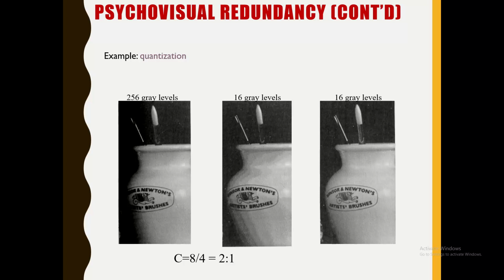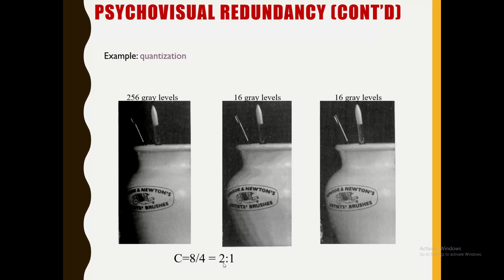For example, you can see in this figure that the image is represented by 8 bits, which gives 256 gray levels, while this image is represented by 4 bits, which gives 16 gray levels. You can clearly see that there is false contouring in this image, so the quality of the image has been degraded.